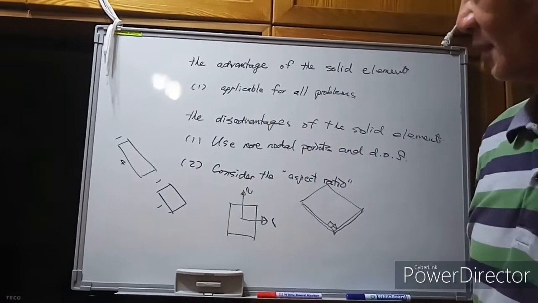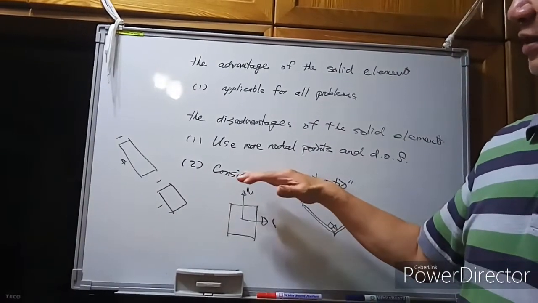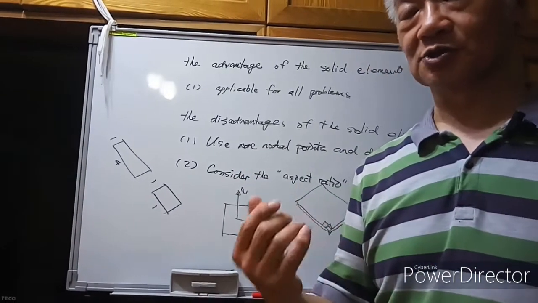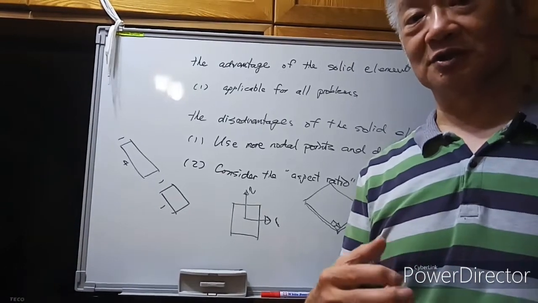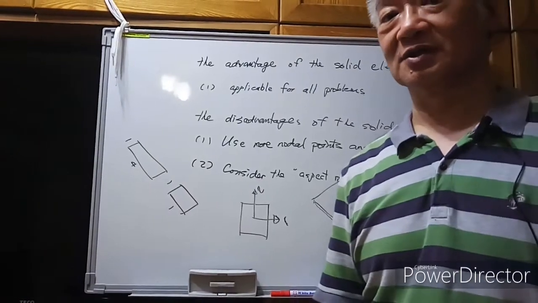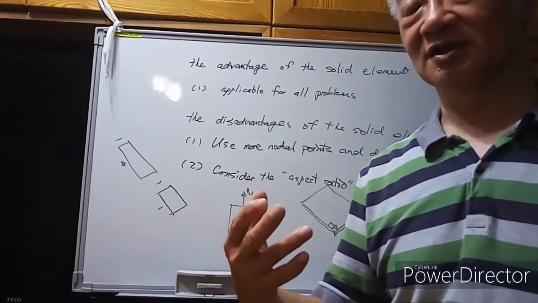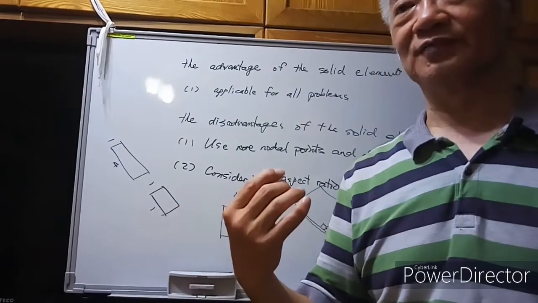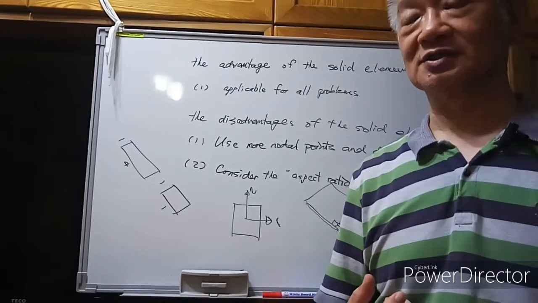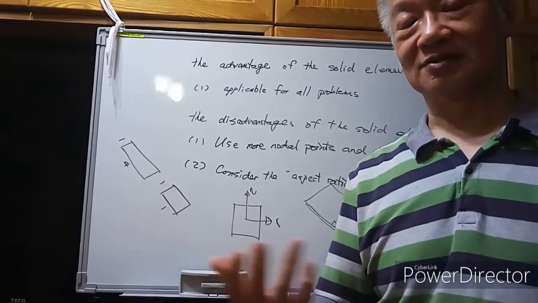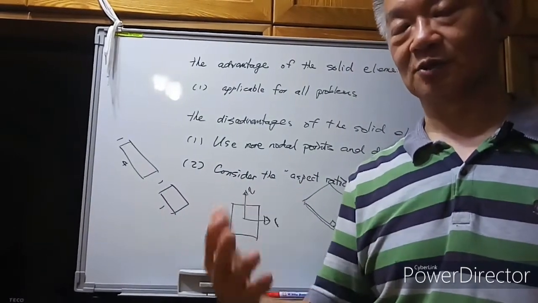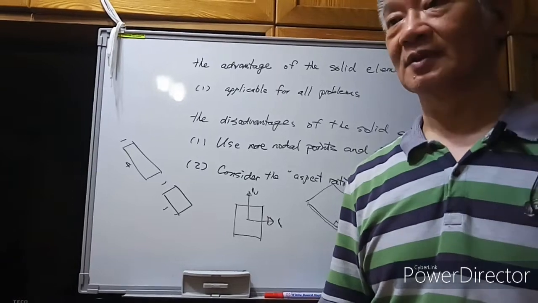Okay, so based on the aspect ratio considerations, if you use the solid element, usually you need to define a lot of elements. The number of elements required for the solid model is usually much greater than for plane strain problems, which sometimes can use a much smaller number of elements.